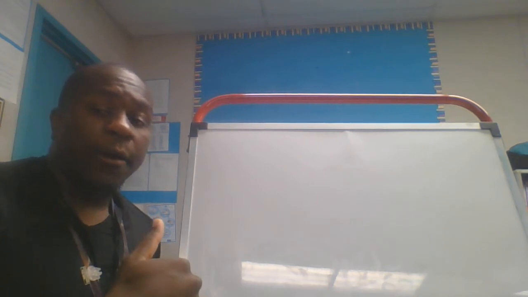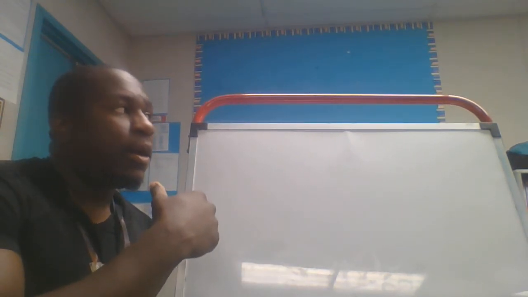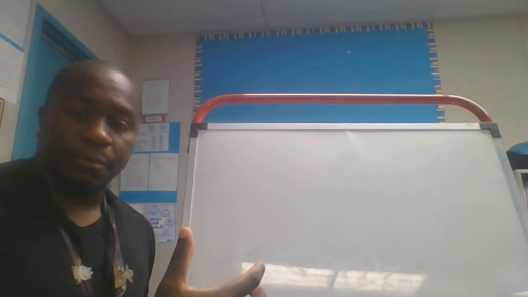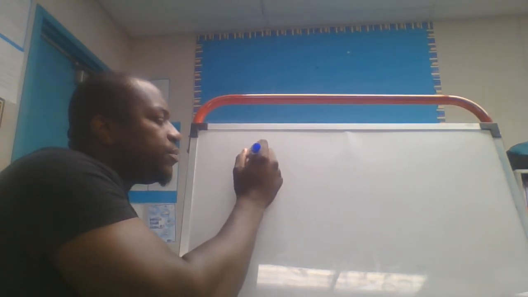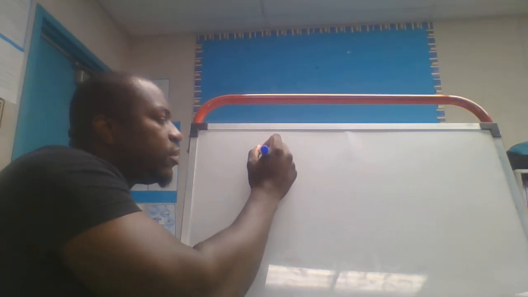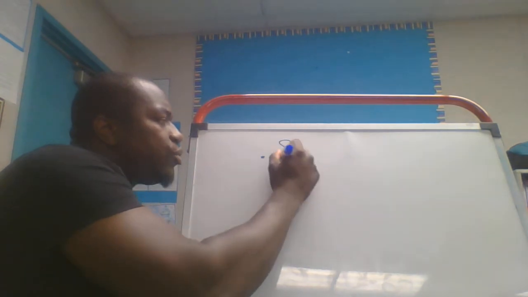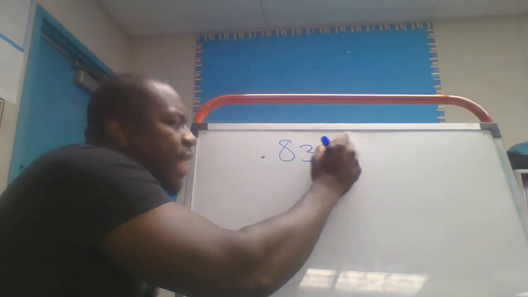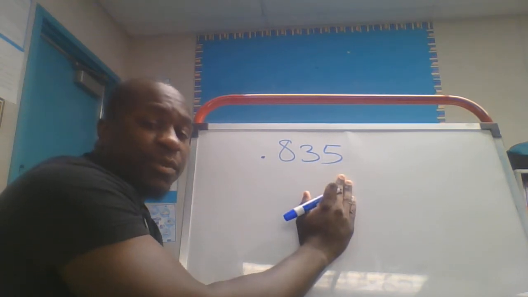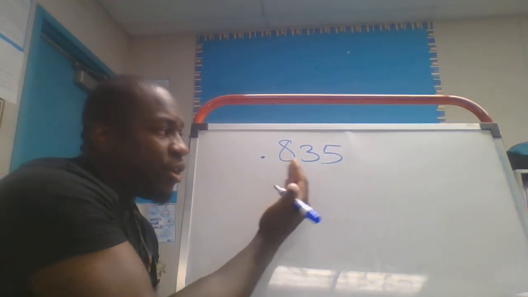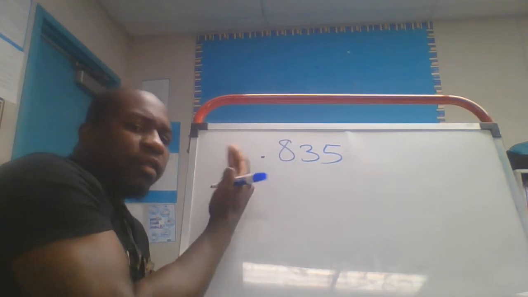Now, for this next portion, what we're going to be learning about is decimals and powers of 10. So, for example, if I have a number, let's go with 835 thousandths. Remember, when you're dealing with numbers after the decimal, you want to put that TH there to let you know that it's a piece of getting to 1.